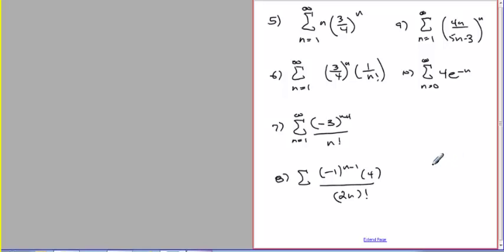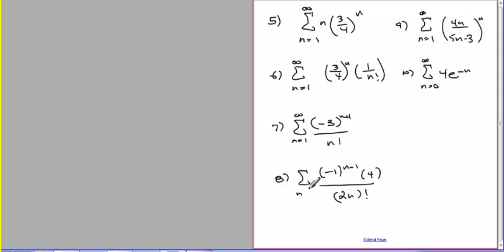We see A starts at 2, B starts at 2, C starts at 3/4, D starts with, looks like 3/4, E starts at 4, and F starts with 9, but it bounces around. So it looks like we have two alternating series.